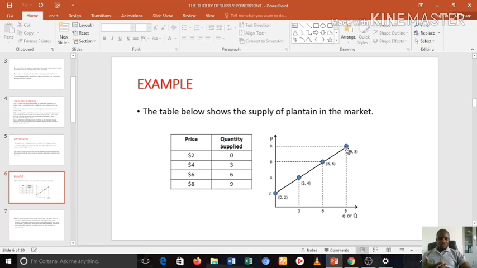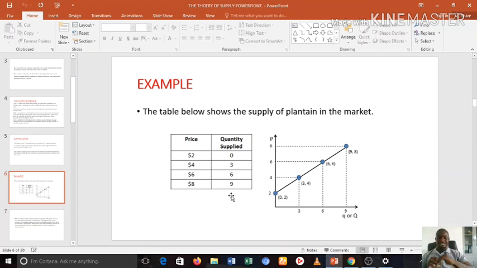So what does this tell you? It tells you that when price is at its minimum level, quantity supplied is at its minimum. Are we there? And when price gets to its maximum level, quantity supplied also is at its maximum level.